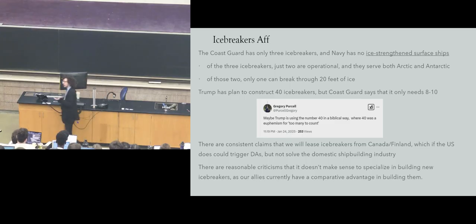The two icebreaker powerhouses of the world, the places that actually have the shipyards to build these, are Finland and Russia. If you wanted to get an icebreaker, you would probably go there. Given that Finland is our ally and in NATO with us, it doesn't make a lot of sense to build an entirely new shipbuilding industry for a type of ship that a rival already produces when we could instead build things that only we could produce, especially Aegis cruisers and the like, and then build those for ourselves and allies alike.